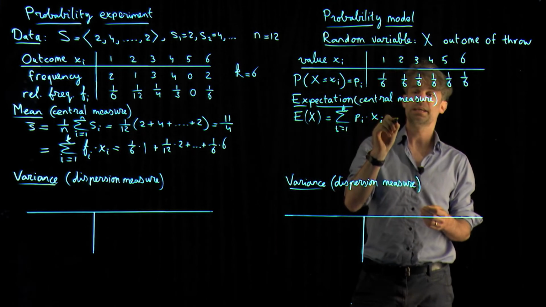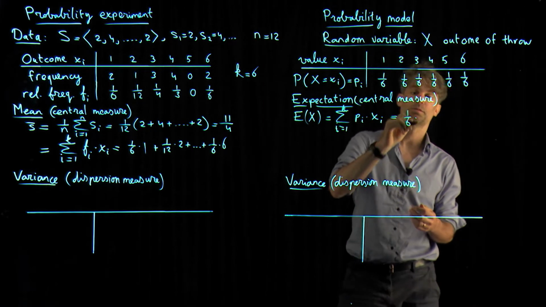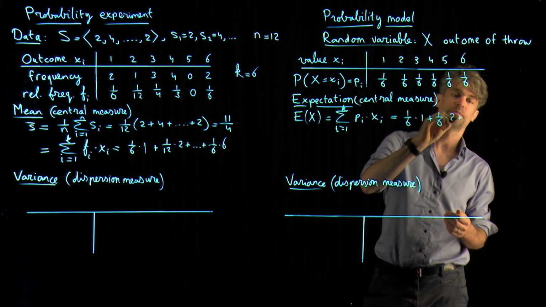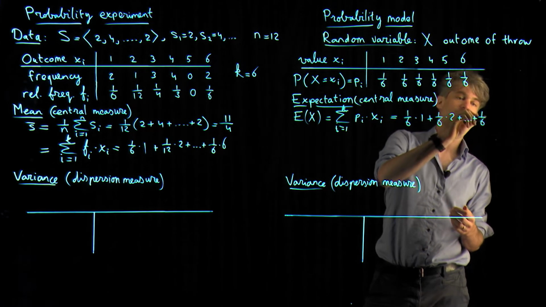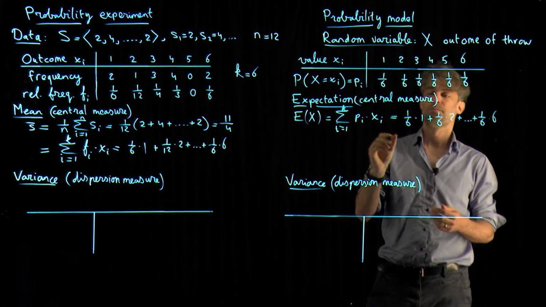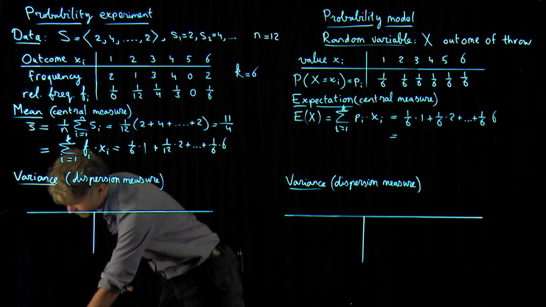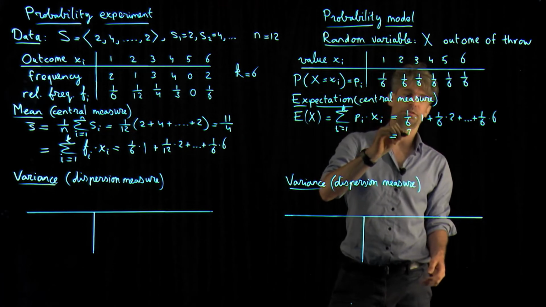In this case, it's 1 over 6 times 1 plus 1 over 6 times 2, all the way up to 1 over 6 times 6. And the outcome in this case is, I think, 3.5. So it's 7 over 2.